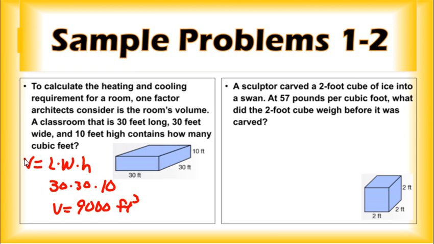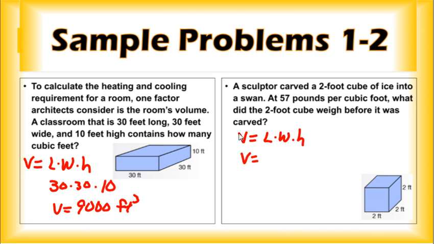Next one is sculpture. A sculptor carved a 2-foot cube of ice into a swan. At 57 pounds per cubic foot, what did the 2-foot cube weigh before it was carved? So to solve this one, first we need to know the volume of the cube. So again, volume equals length times width times height. And in this case, since it's a cube, everything is the same dimensions.